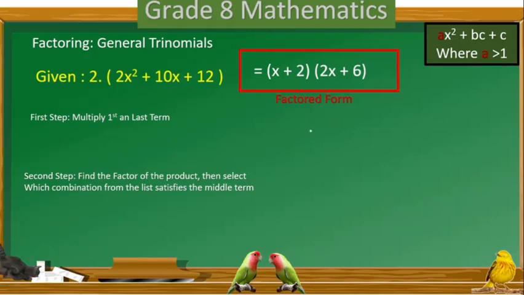Okay, quantity x plus 2 times quantity 2x plus 6.